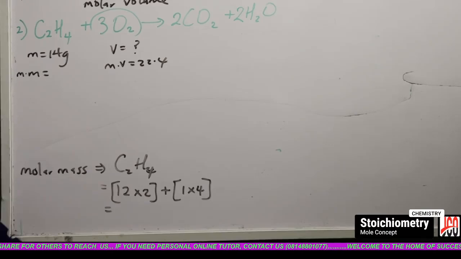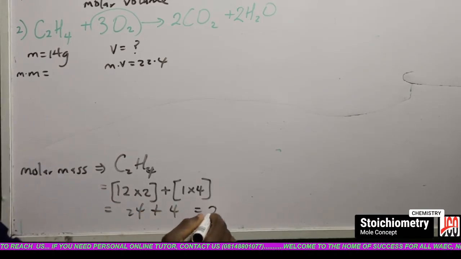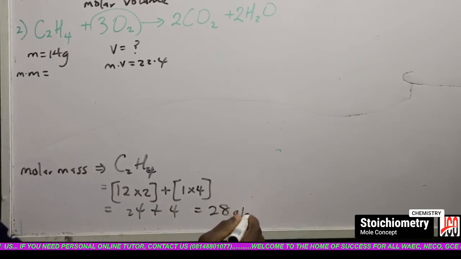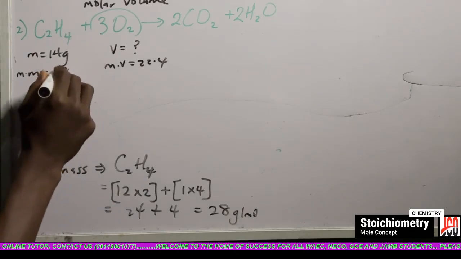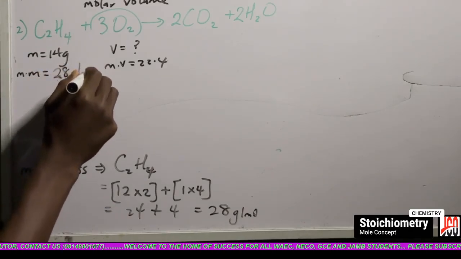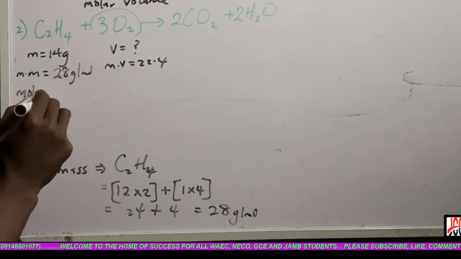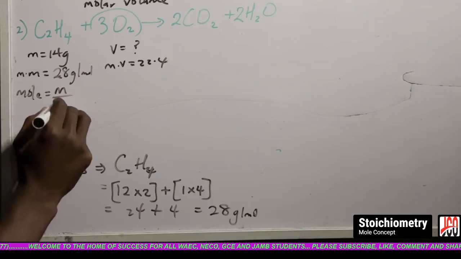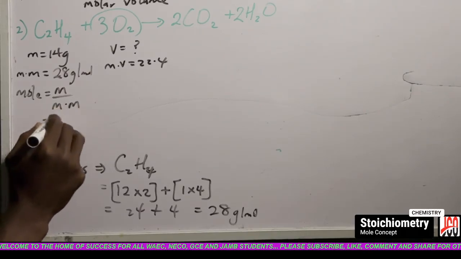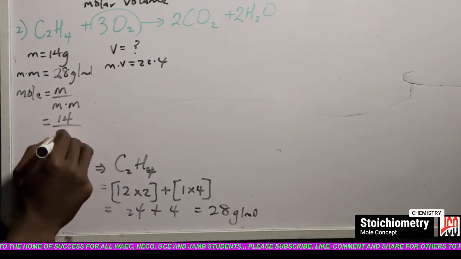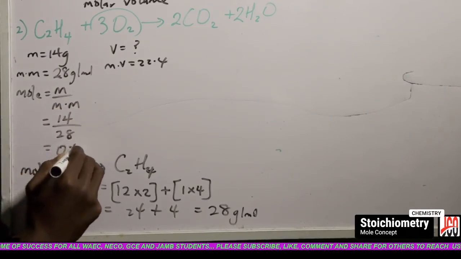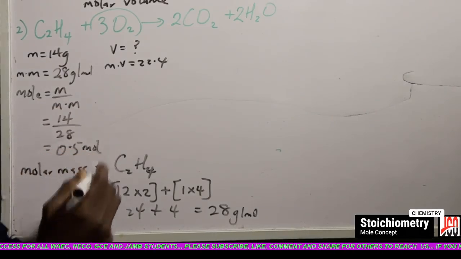So 12 times 2 is what? 24. 24 plus 4 gives you 28 gram per mole. So that's the molar mass of C2H4. So with this, I can find the mole, which is mass over molar mass. That gives me 14 over 28, which will give me 0.5 mole.